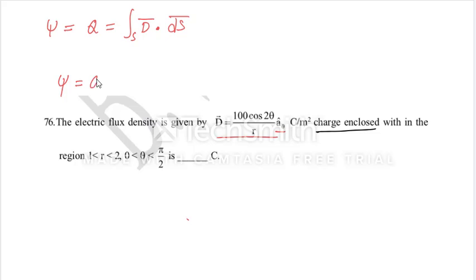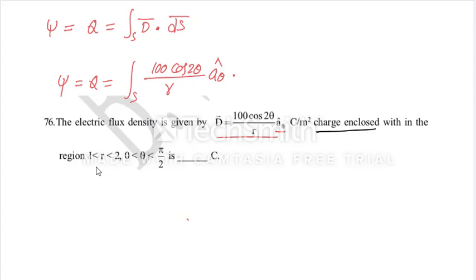flux which is equal to Q, that is equal to what now here, surface integral of 100 cos 2 theta by r into a theta dot.